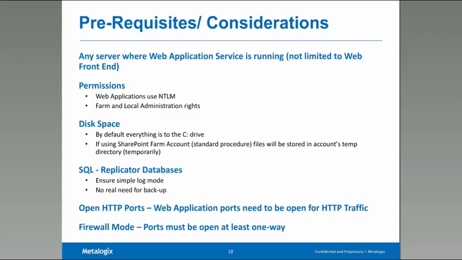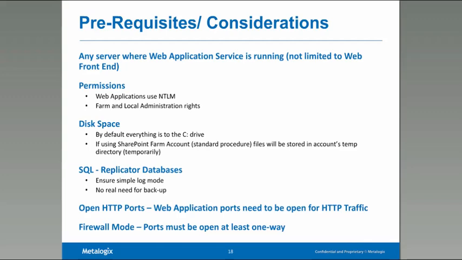For disk space, everything by default is going to the C drive. So out of the box, if you just pick next, next, next, you're going to have everything pointing to your C drive. That's usually not a problem if you have a lot of space on your C drive.